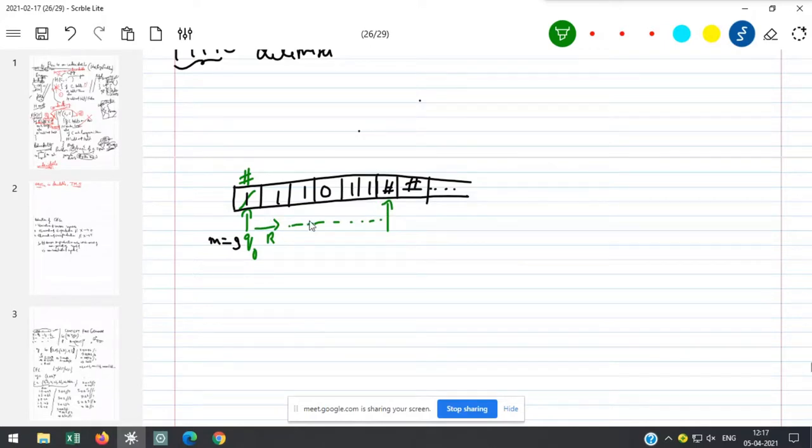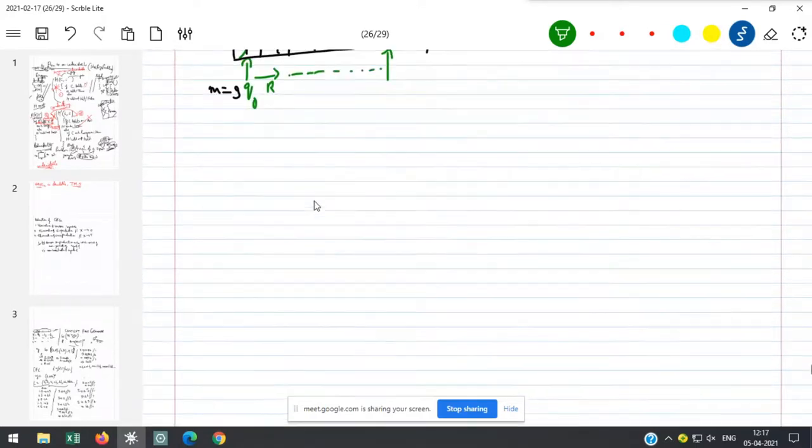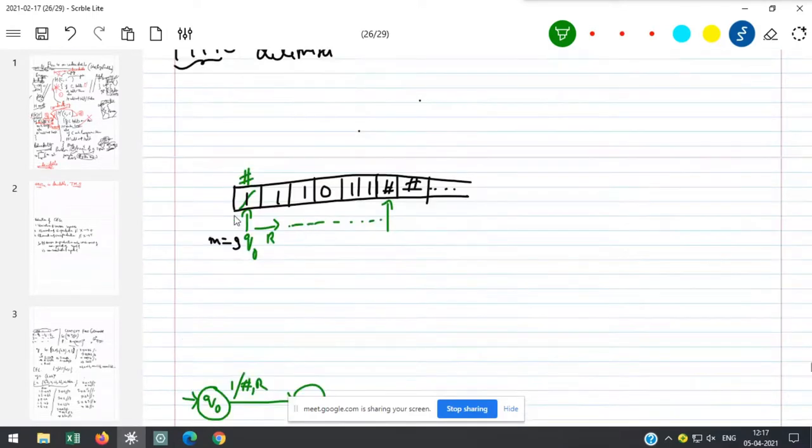Okay, for this part alone, let me draw the transition diagram. Initially at Q naught, if you find 1 in the input, replace it by the blank symbol, and then start moving towards the right side.